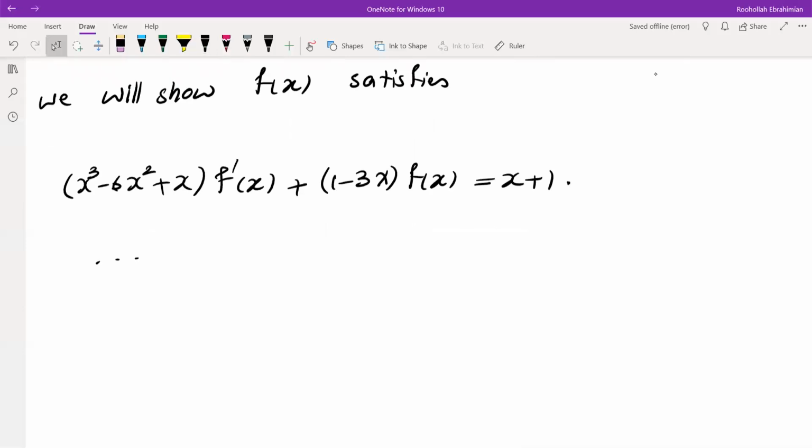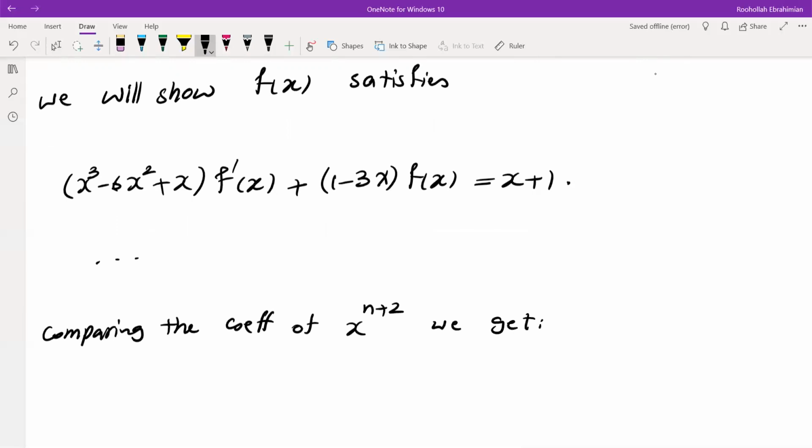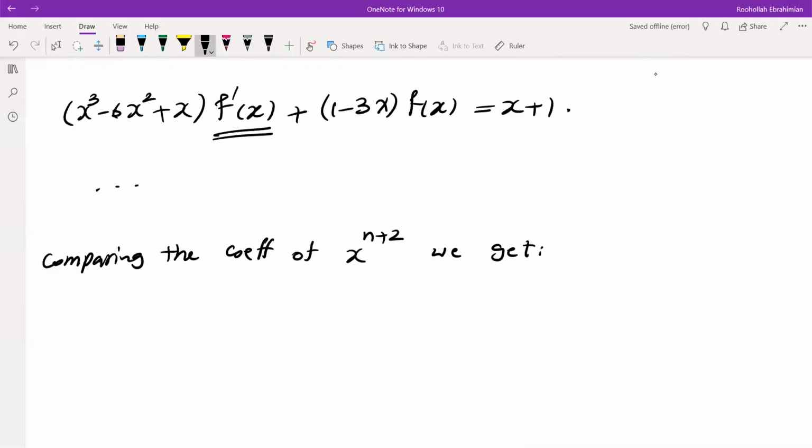So now compare the coefficients. Comparing the coefficients of x to the power of n plus 2, for the first one, since you're taking the derivative, you have to multiply x cubed by the coefficient of x to the power of n minus 1, which would be bn, and then the term would be nbn minus 6.